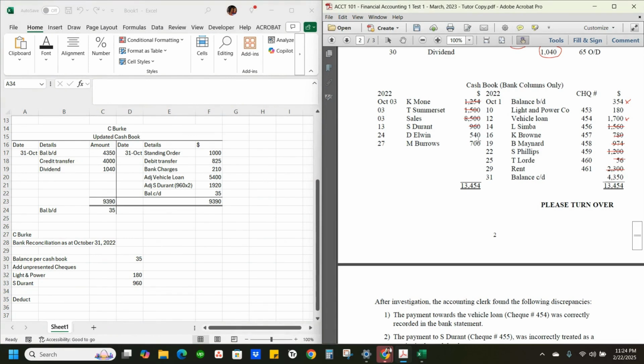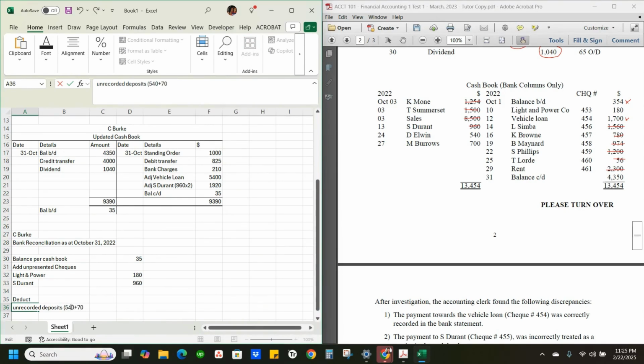That was the correction. So we have these two income transactions that were not deposited. So these are what's left, are unrecorded deposits for October. And I'm just going to put these two on one line.